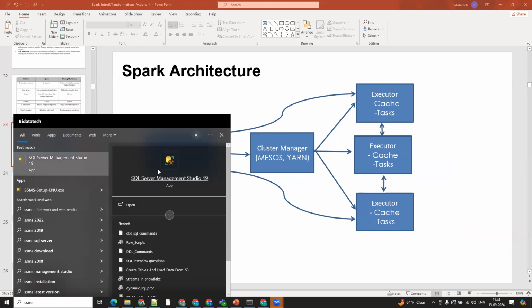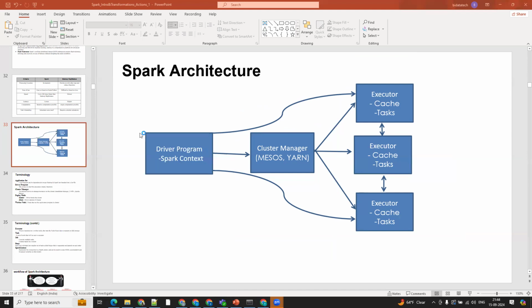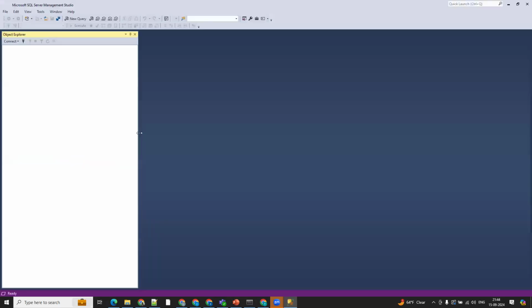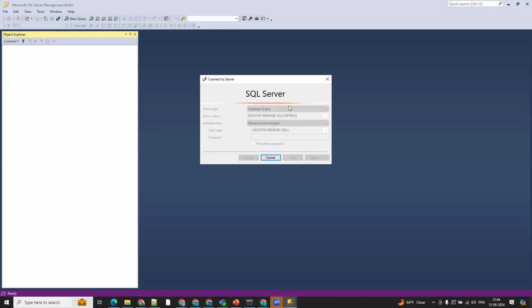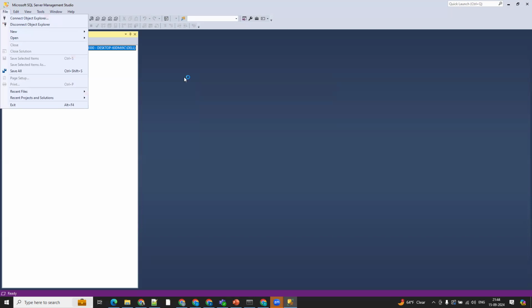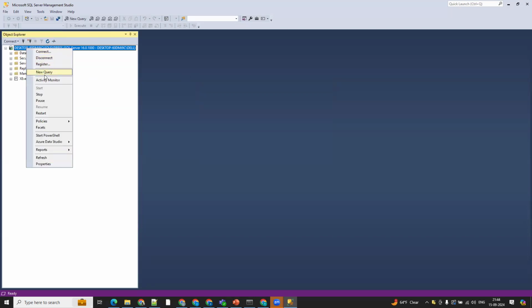I'm connecting to the local database. Now I have decided to execute something. What is the first step you do? Open editor. Where do you open that editor? Let's say I right-click and choose new query.